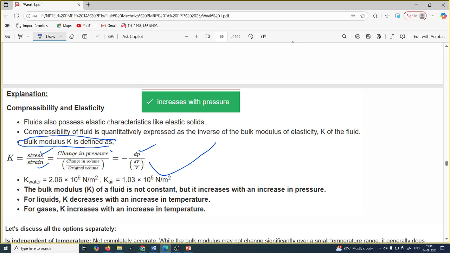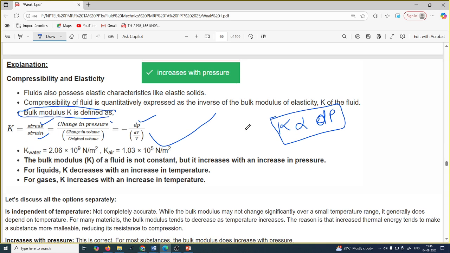So here you can see K is directly proportional to dP, or del P you can also write, but in this formula dP is written. So you can say it increases with pressure, because it's directly proportional to it. The bulk modulus of elasticity increases with pressure. Always remember, please. And now we'll move on to the next question.